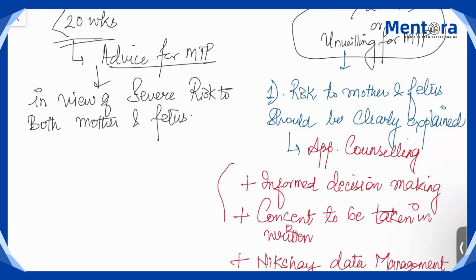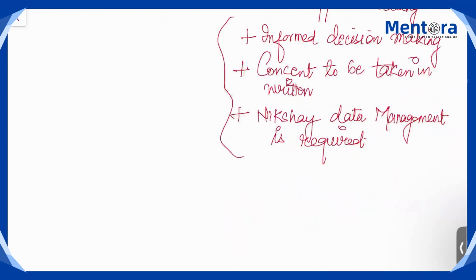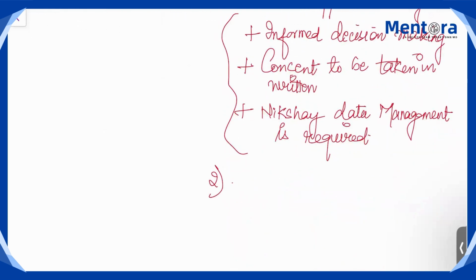Okay, so before starting the treatment, these many protocols need to be followed strictly. So you have to first explain the risk to mother and the fetus, appropriate counseling, informed decision making, written consent, Nikshay data management. Everything is required. After doing this, you have to modify the regimen.